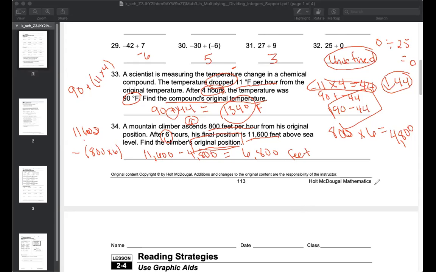So, Mr. G, which one of the word problems did I get wrong? Neither of them. I may have miscalculated. You got them both right, yeah. Okay.